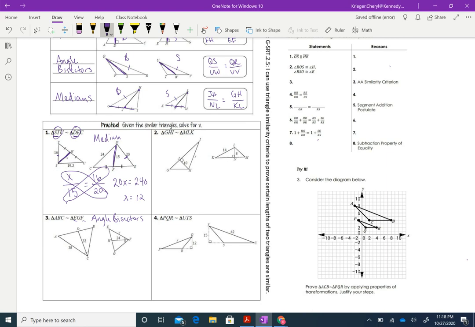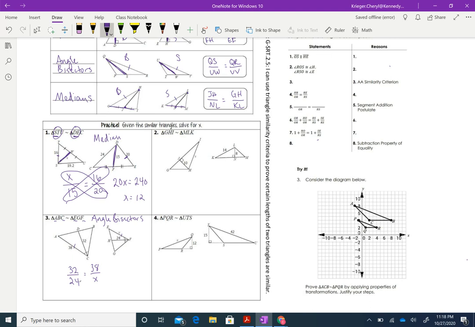So EF is proportional to AC, which is 38. So let's set the angle bisectors in a proportion. We can say 32 over 24 equals 38 over x.